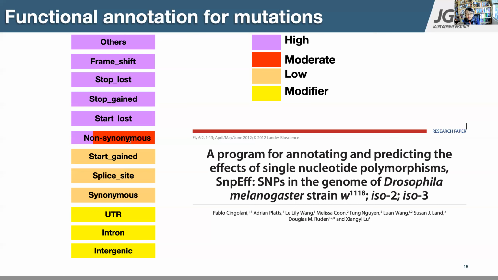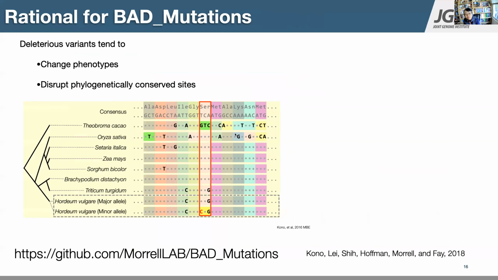So in order to annotate the mutations, we first run SnpEff to predict which SNPs cause the frame shift, stop gain or loss, start loss, the non-synonymous SNPs, etc. And then we run another tool called BAD_Mutations, which we developed before, to see if non-synonymous mutations tend to change the phenotype. That means they are deleterious.